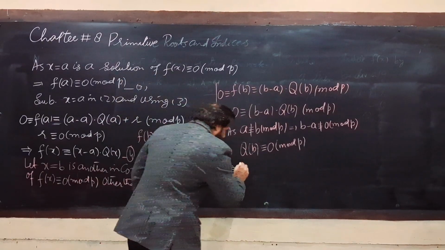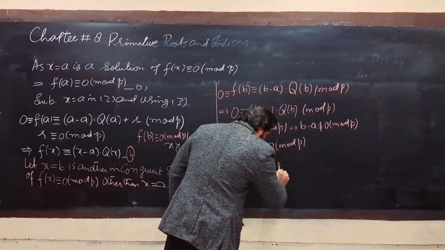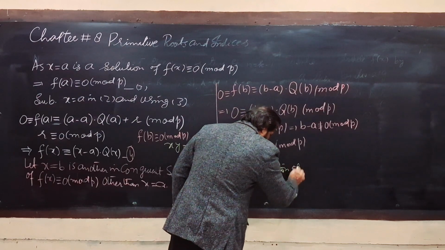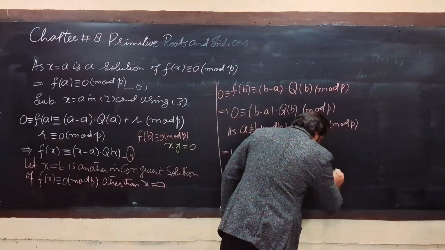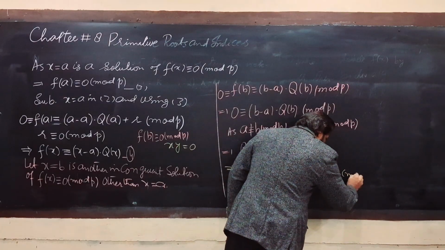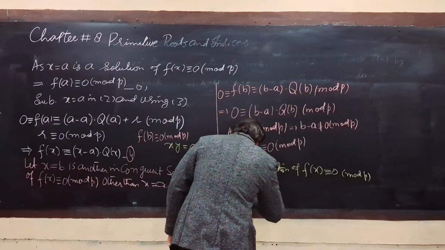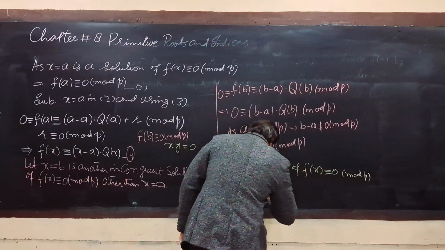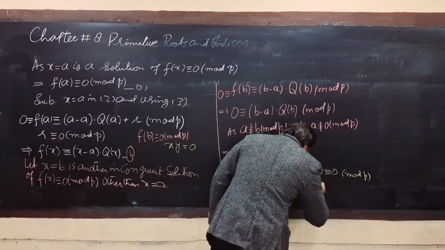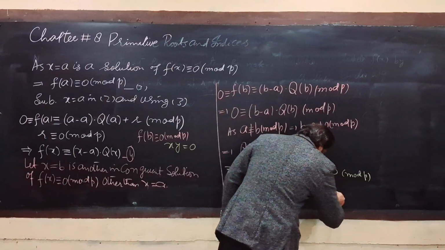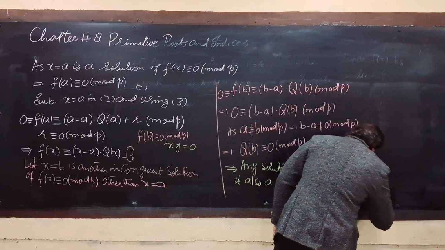This means any solution of f of x congruent to 0 modulo p is also a solution of q of x congruent to 0 modulo p.